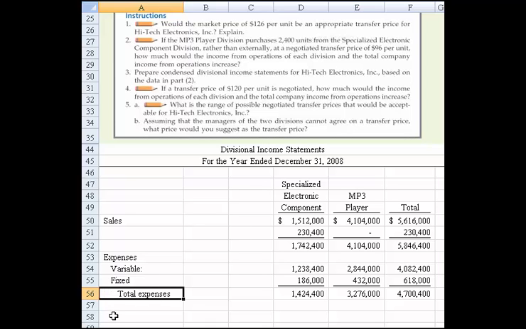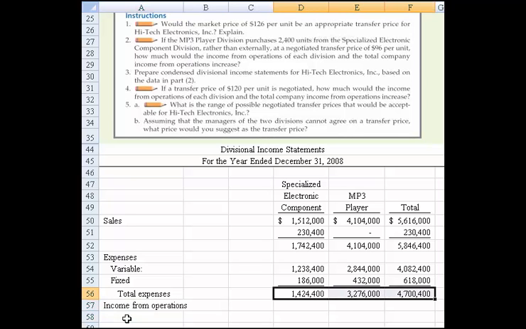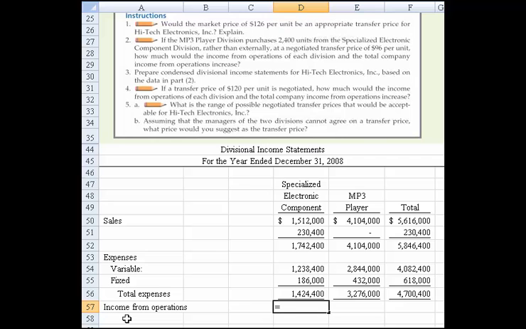And the only thing we have left to compute is income from operations. And of course, we just need to subtract the expenses from the sales, right? So we get 318,828 and a combined income of 1,146,000. Format that a little nice. I think I can add a double underline here, and that takes care of part 3.